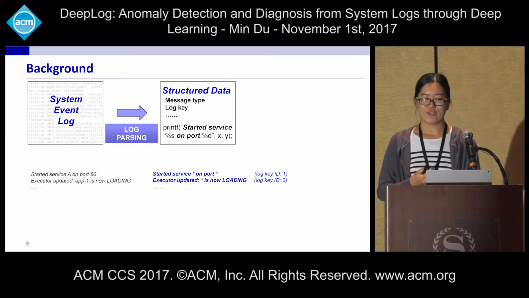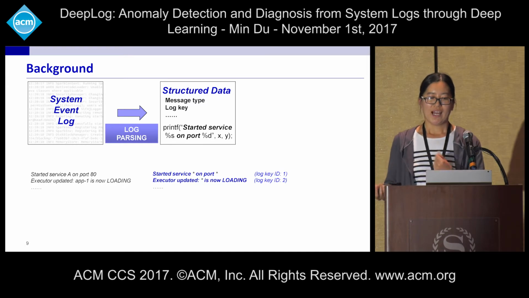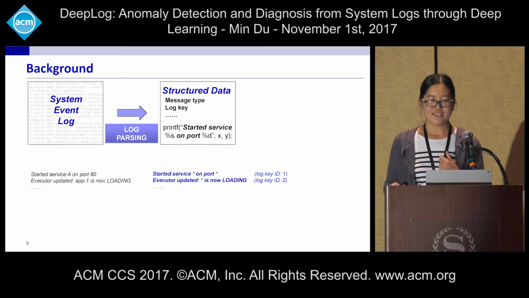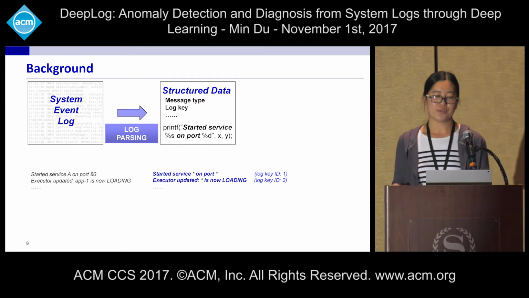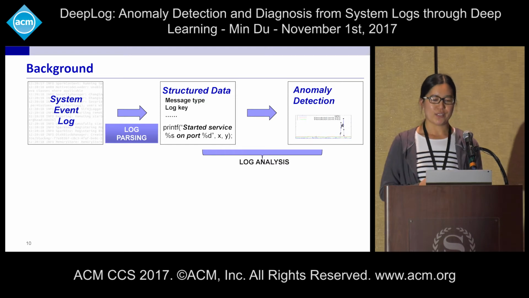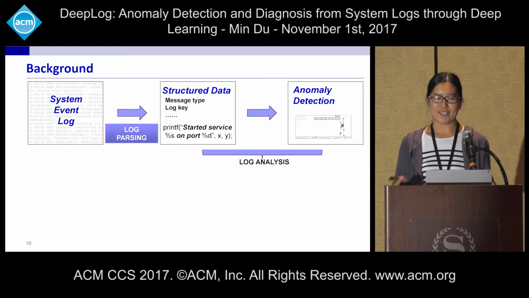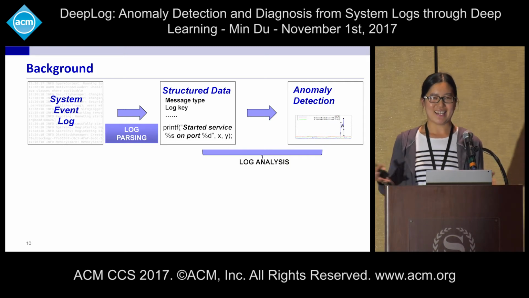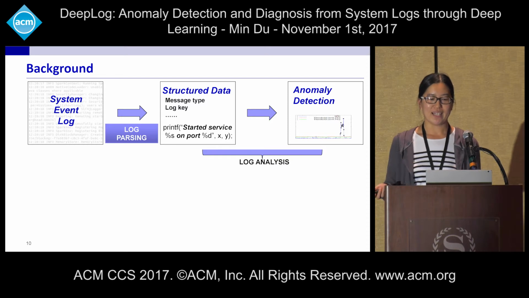The second part is to do log analysis on this structured data, and there is previous work doing this. The first type of method uses the message count vector, which divides the whole time period into different time windows and counts the log keys inside each window to know if there's an anomaly.